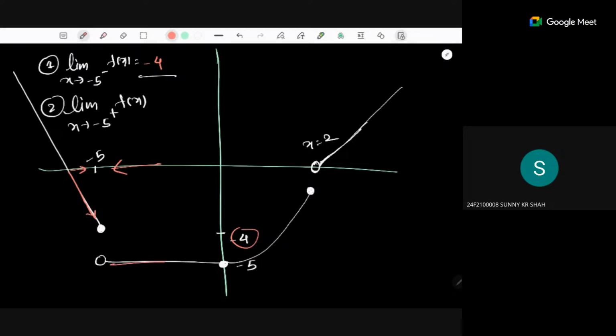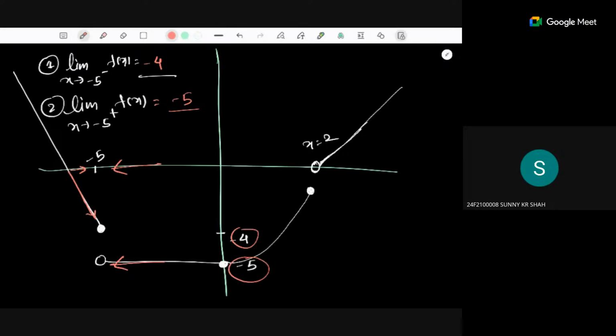So the graph of the function is actually approaching the value -5. So the right hand limit is -5. So left hand limit not equals to right hand limit. That means the limit does not exist here, and since the limit does not exist, obviously this is not a continuous function.